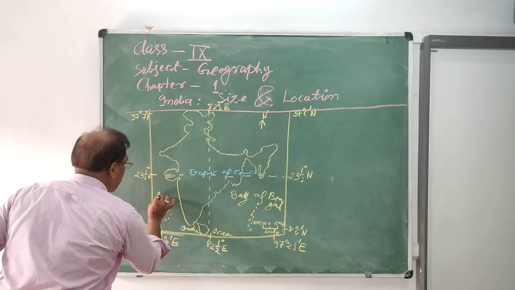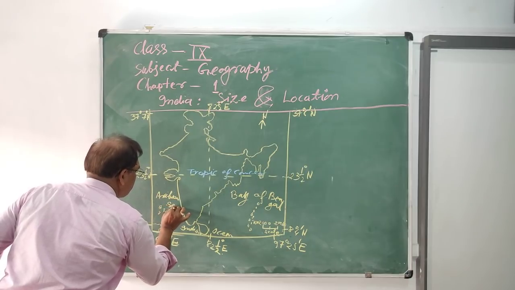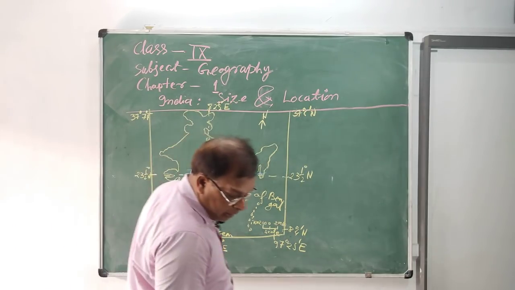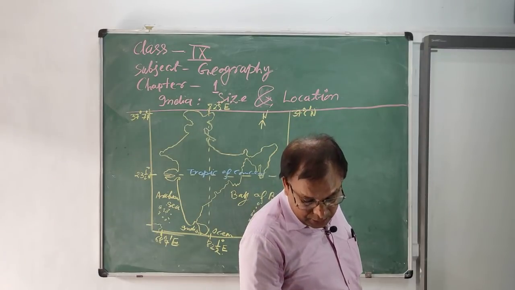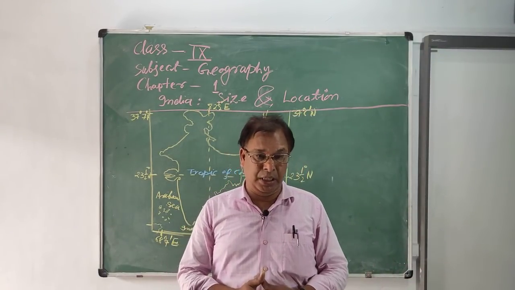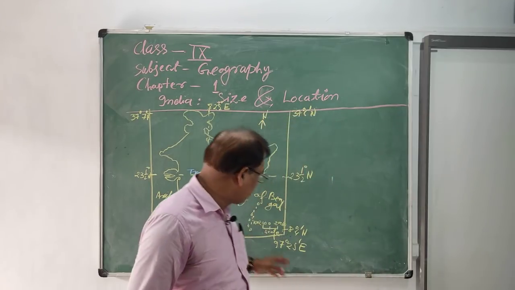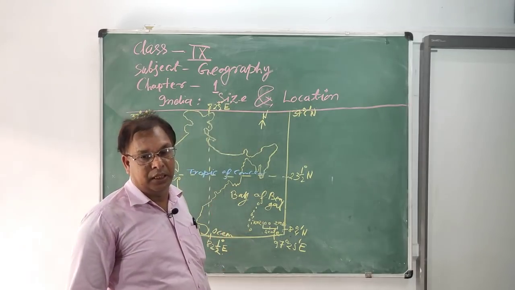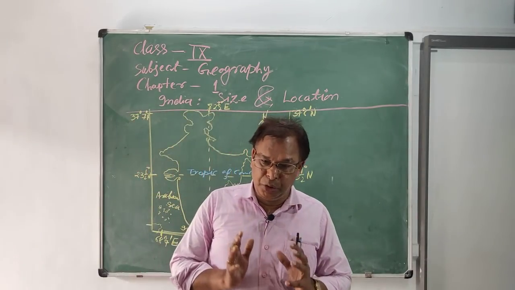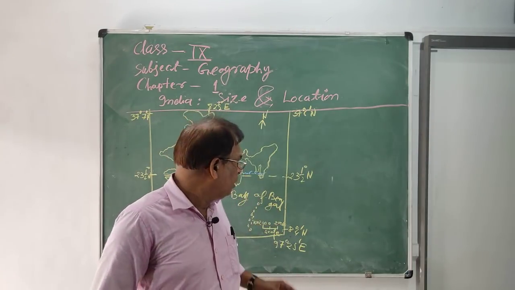Here, the Arabian Sea. So, a large landmass surrounded on three sides by water bodies is known as a peninsula. So, the southern part of India is known as the plateau region or the southern peninsular plateau.